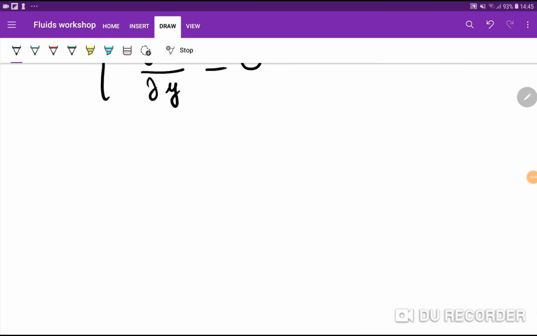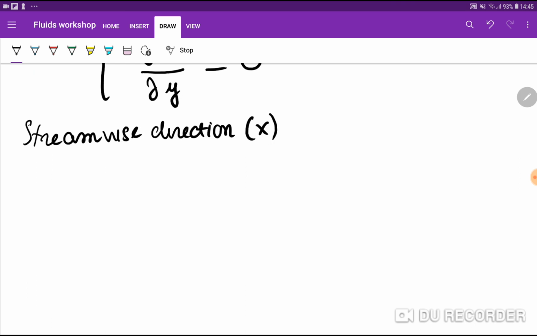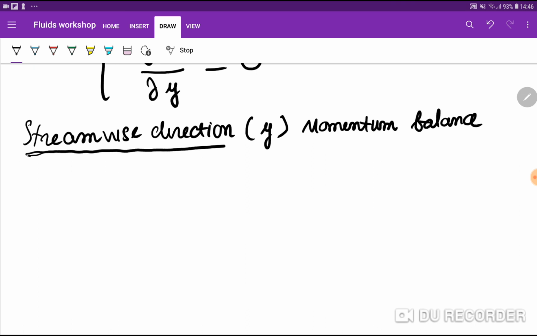Now we're ready. After the seatbelt is on, we can perform the momentum balance in the streamwise direction. This is actually the y direction momentum balance. What does it say?